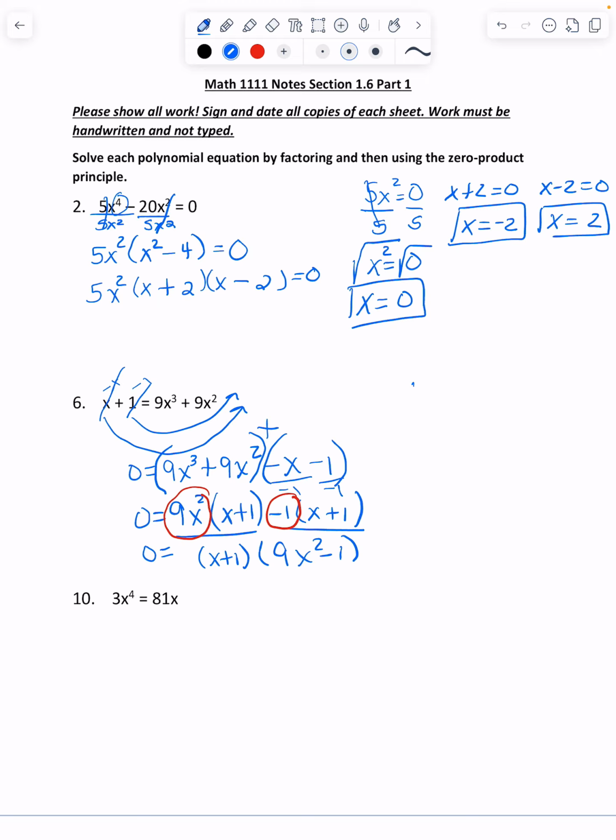So let's keep factoring. That 9x squared minus 1 is two terms. They're both perfect squares, and it's a difference. So I'm actually going to factor that as a difference of perfect squares.